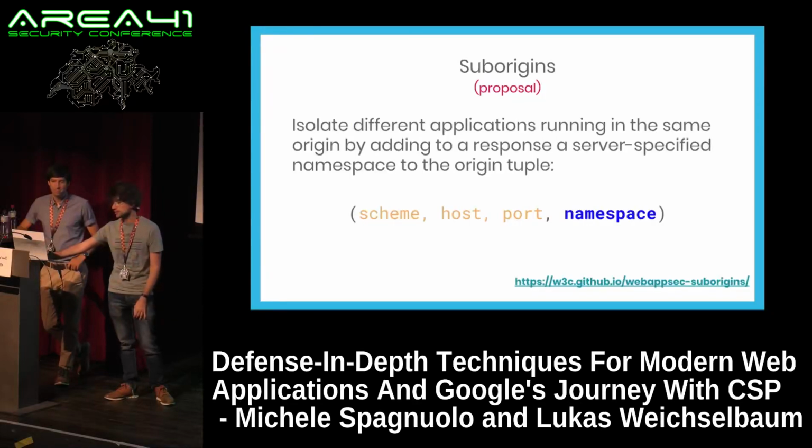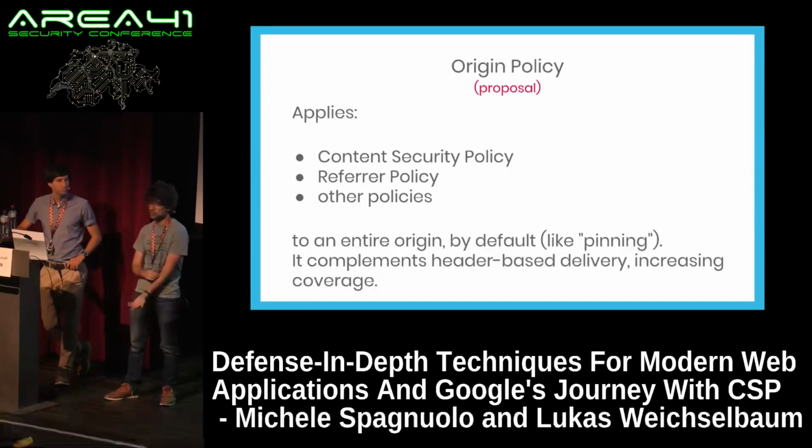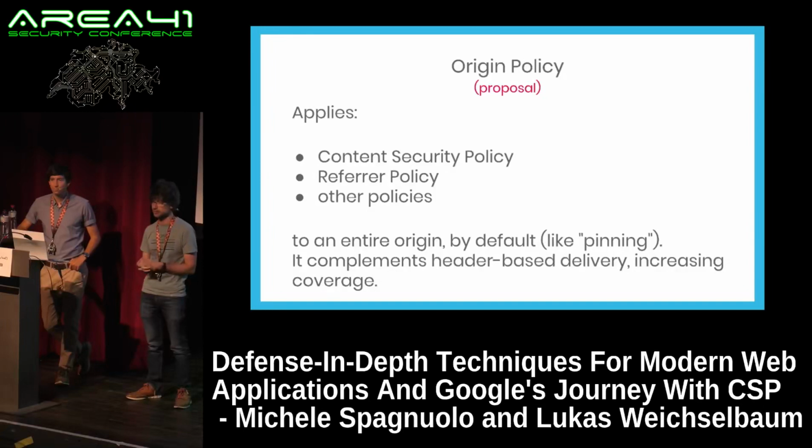While for others, for example suborigins, it's a very complex proposal that requires touching a very delicate component of web security, which is the concept of origin. So there have been some alternative proposals. For example, some people think it would be better to augment the sandbox attribute in HTML instead of having a header-based delivery.